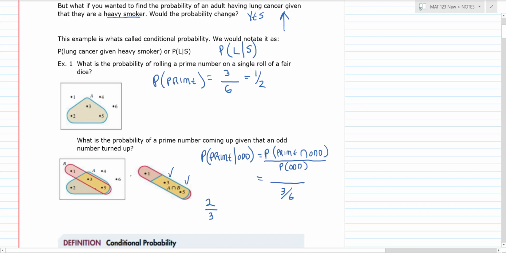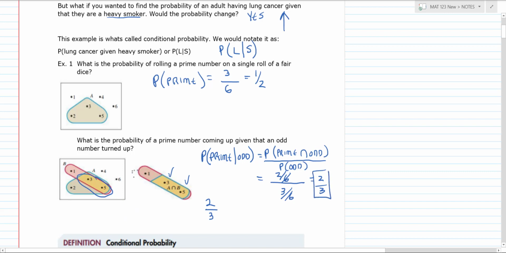The probability that it's prime and odd: prime numbers intersected with odd numbers would be just the 3 and 5. So the intersection between odd and prime numbers is 3 and 5. That would be a 2/6 probability. Well, the 6s divide out, so you get a 2/3 probability.